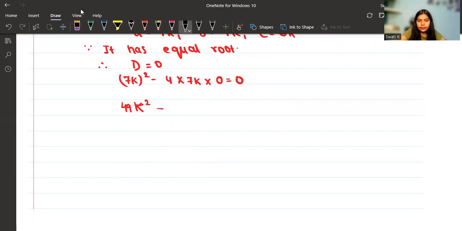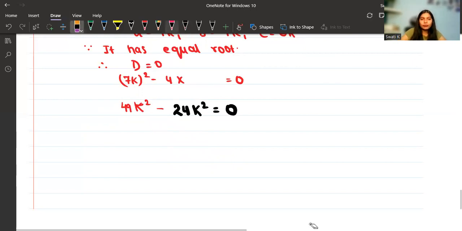So 49k square minus 4 into 7k into k, because c is of course k. Okay, I think there is one mistake.